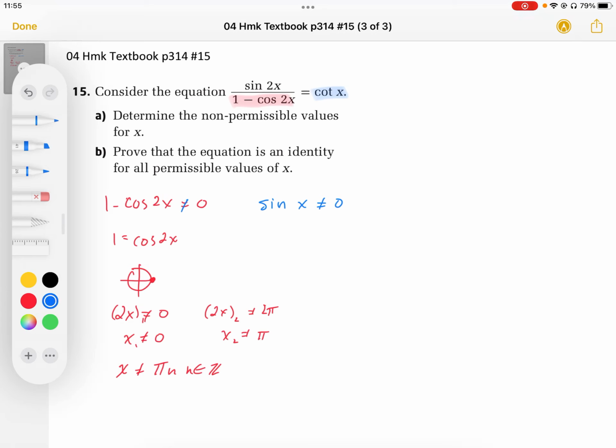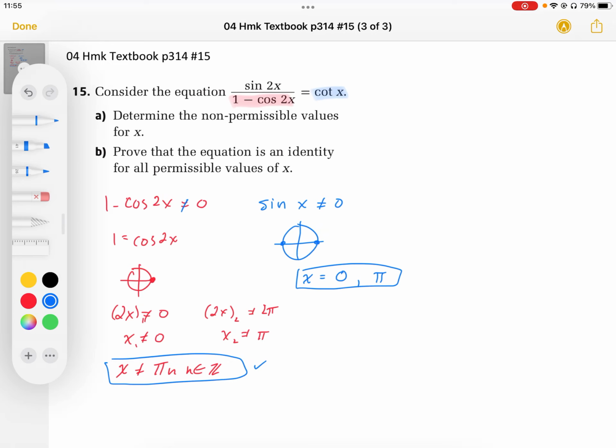Solving for sine x equals 0, sine x equals 0 at these two places, so x is equal to 0 and pi. These are going to be the same repetitions as we had in the previous one, so we can combine this and just stick with that one there.